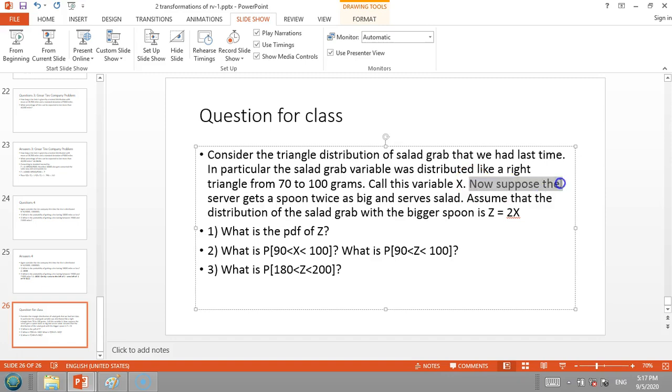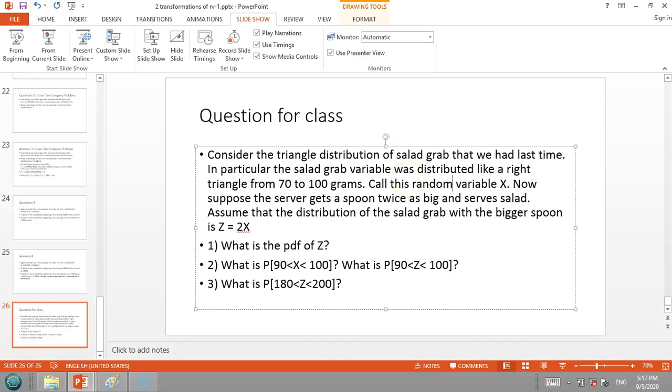Now suppose, for this random variable x, the server gets a spoon twice as big and serves salad with a bigger spoon. Assume that the distribution of the salad grab with the bigger spoon is z equals 2 times x. What is the PDF of z?